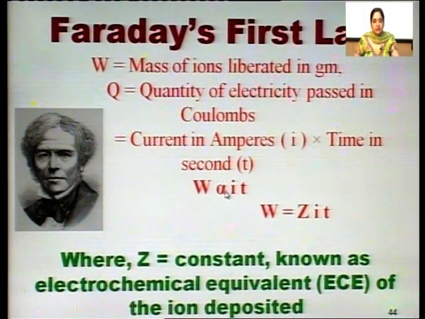So W is directly proportional to I into T. Therefore, W is equal to Z I T, where Z is a constant. This is also known as the electrochemical equivalent of the ion deposited. Z is called the electrochemical equivalent.